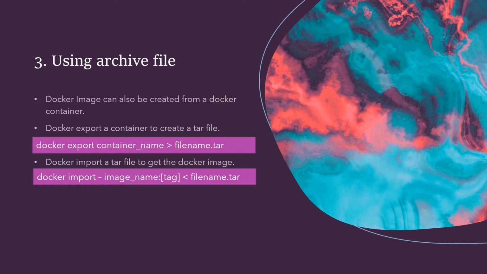Both of these commands use archive files to create a Docker image. Not to mention that the archive files are shareable. To create an archive file from a Docker container, use the command docker export. The syntax is given below, and to create a Docker image from the archive file, use docker import. Again, the syntax is provided for your reference.